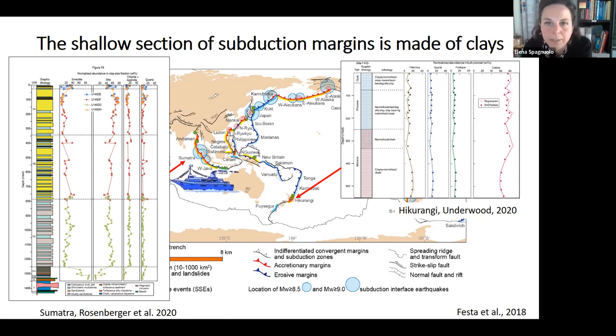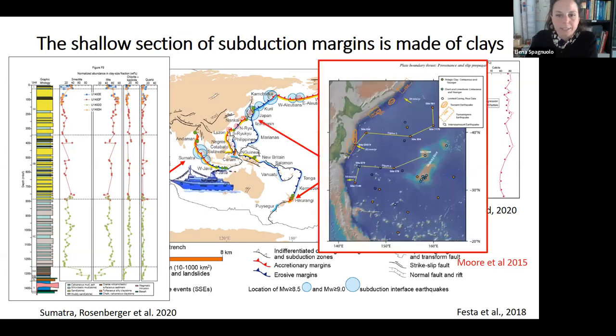You can see that the total clay content is pretty large, and then you have components also of feldspar and calcite. This is the case from the Japan region. Here you can see again in different sites that these sediments are mainly made of clays, of pelagic clays, but also some with components of calcareous materials.